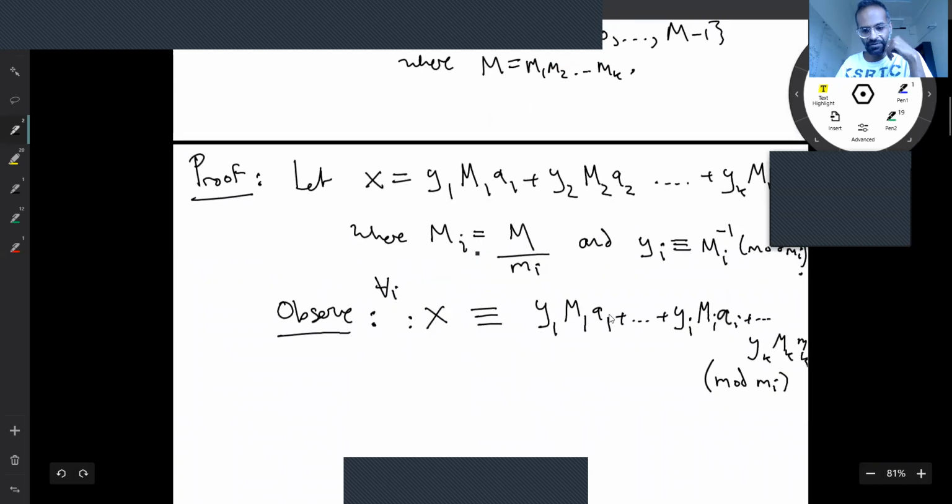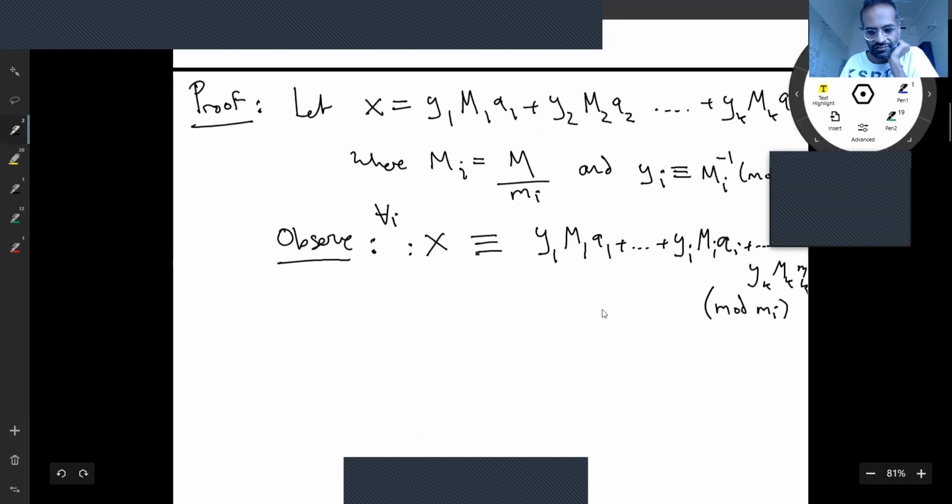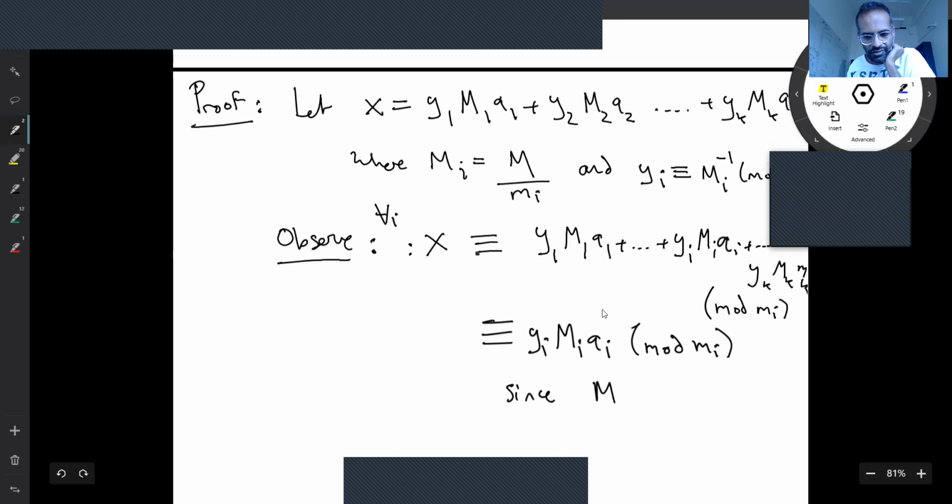But now what's the punchline? Well, the punchline is that modulo little mi, all of the capital Mj's, except for the ith one, are going to be 0. So they all just disappear. So this is congruent to yi Mi ai modulo little mi, since Mj is divisible by little mi when j is not equal to i.